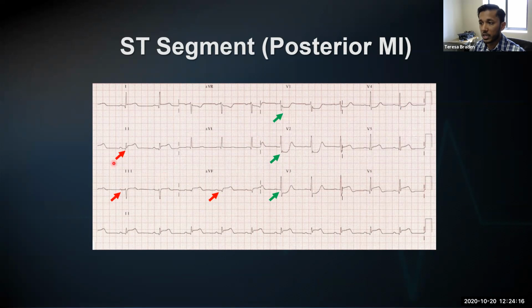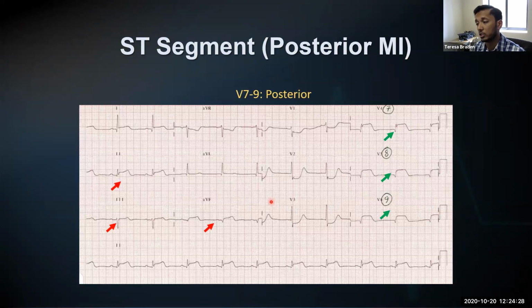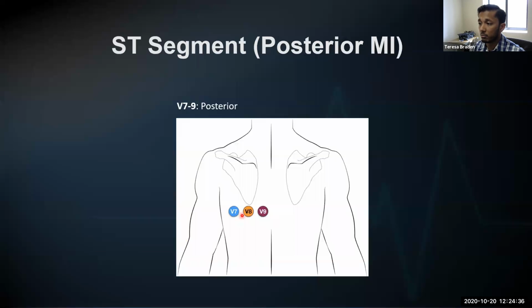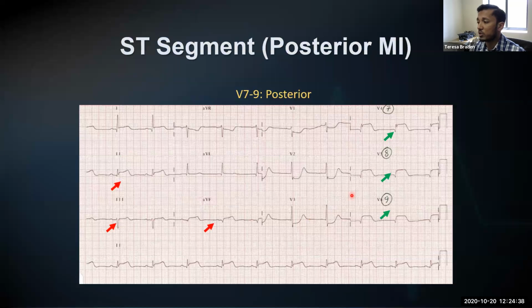So this was the first EKG where we saw 2, 3, and AVF. We saw some elevation. And then we looked at V1 through 3 and saw reciprocal depressions. So we said, okay, let's do a posterior EKG. When we put 4, 5, and 6 now on the back of the patient on that left side, what we saw is the elevation now shows up in 7, 8, and 9, which confirms a posterior infarct.